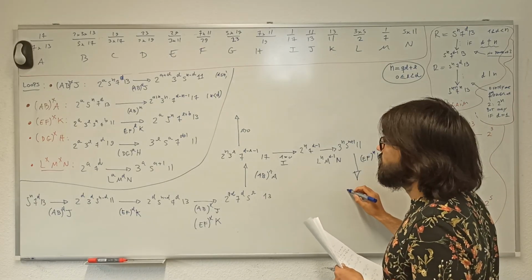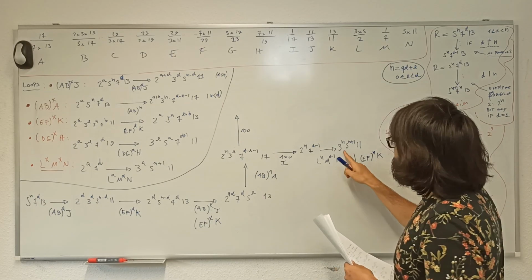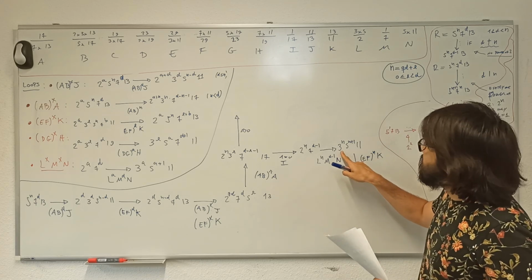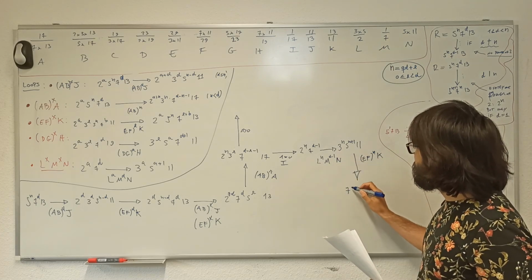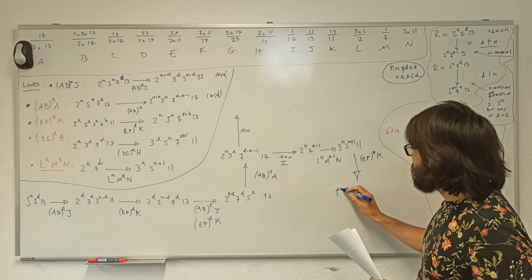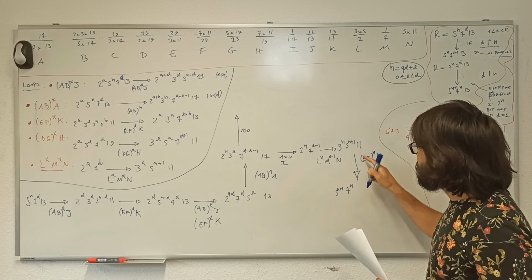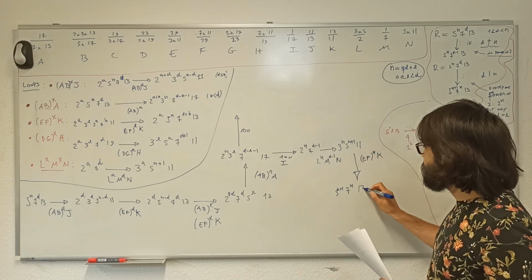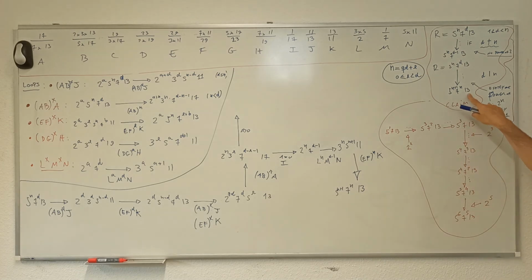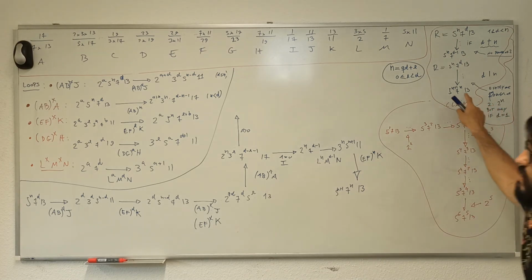So that will just put this in the 7, so it'll be 5 to the n minus n plus 1, 5 to the 7, and then the 11 will become a 13, which is exactly what should be in the end here. Okay, so that's already showing this.